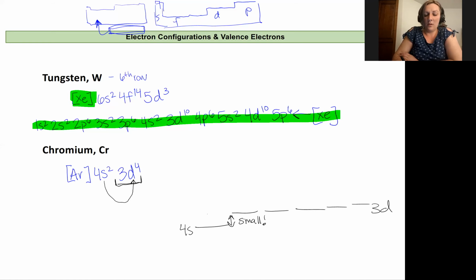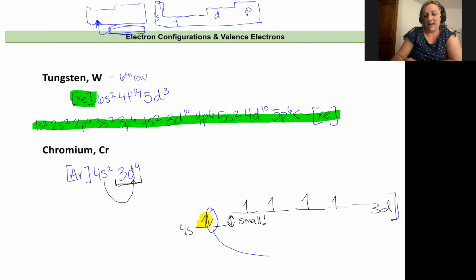And so if we have our chromium looking like this, where we've got two paired electrons in our 4s orbital, and we have then 4 in our 3d, we will stabilize these d orbitals if we can fill them halfway.